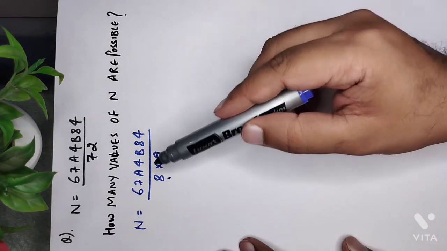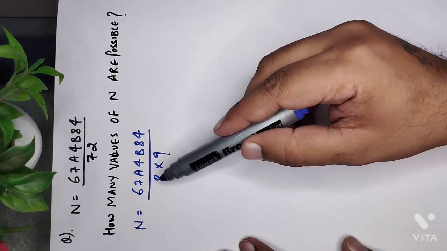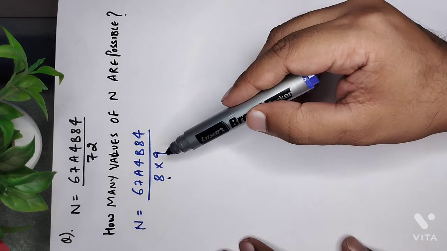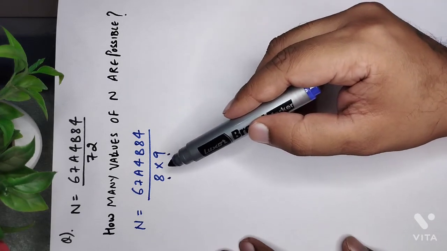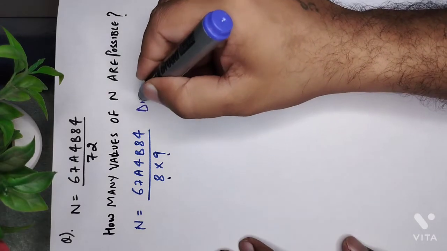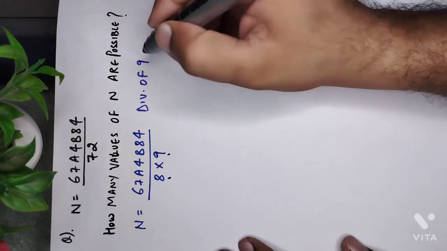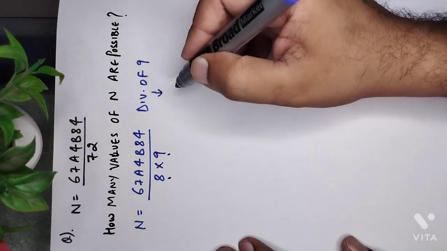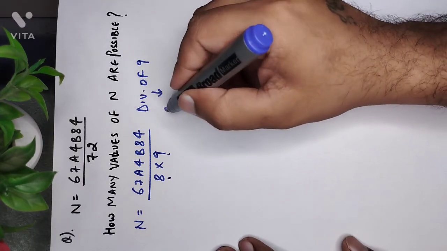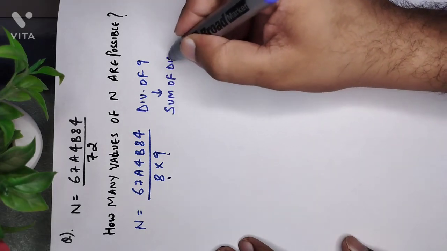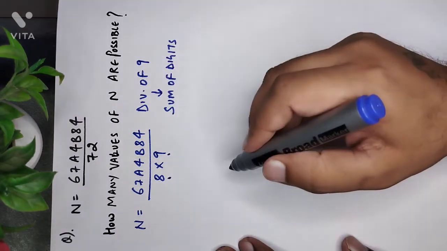Now we know the rule of 8, how we check whether any number is divisible by 8 or not. But what about 9? The divisibility of 9 is simple to check. The divisibility rule of 9 says that if I have to check whether any number is divisible by 9 or not, I just have to add the digits, and the sum of the digits should be divisible by 9.